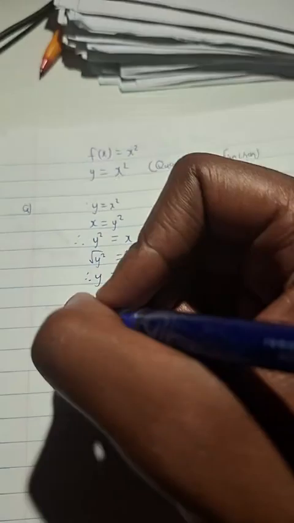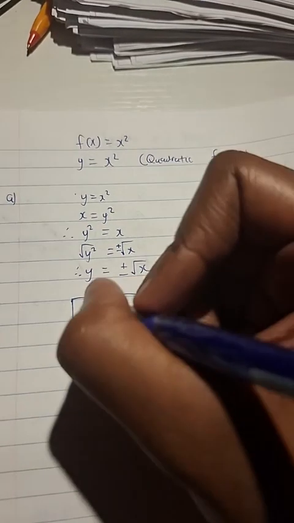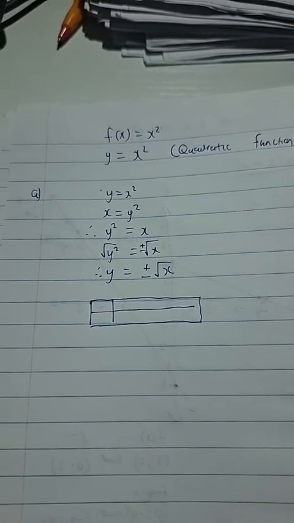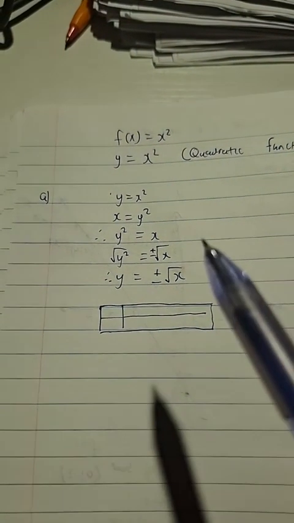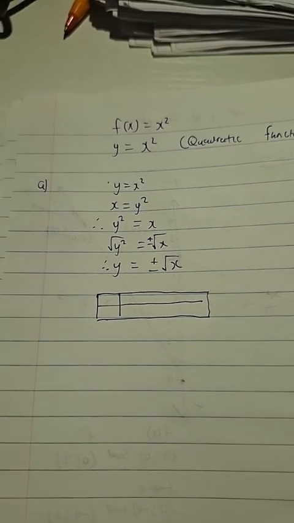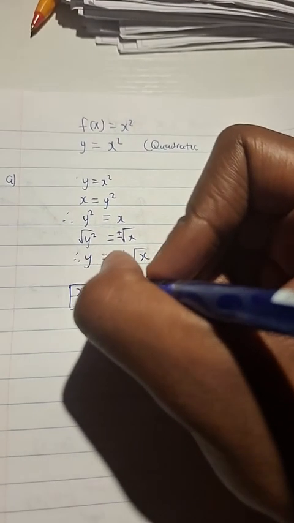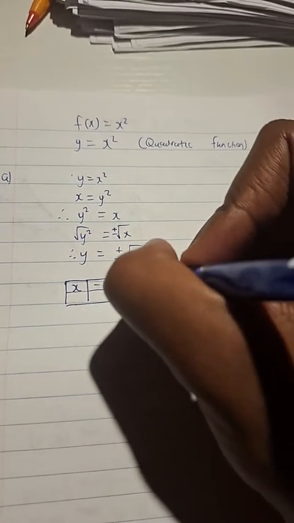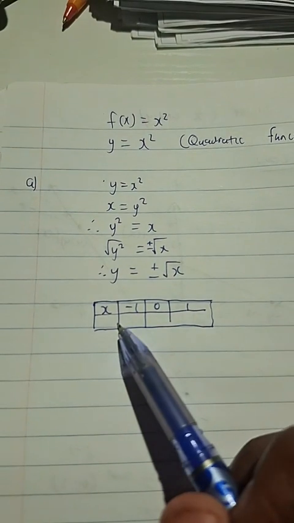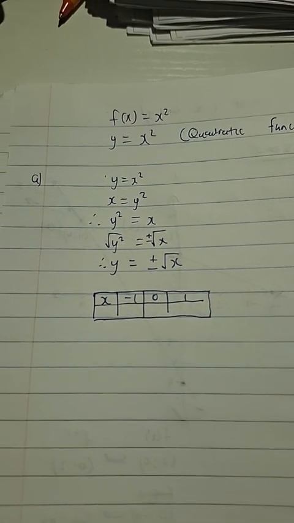So what we usually do then, to make life easy for ourselves, is whenever we don't have a constant in our parabola or straight line or our exponential function, let me advise us to say that we can choose 3 arbitrary points, and that is we can choose -1, 0, and 1 for our x. And then we can utilize these to basically get the corresponding y value so that we can get 3 distinct points that we can utilize to sketch the function.